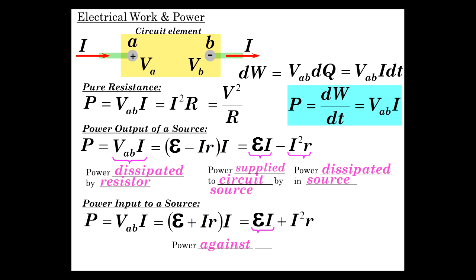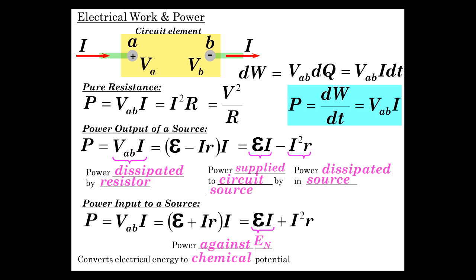EMF times I, that's the power, you could say, against the non-electrostatic E field. This is what charges the battery. So that power is converted into chemical potential energy. So that's not causing heat. That's recharging the battery.